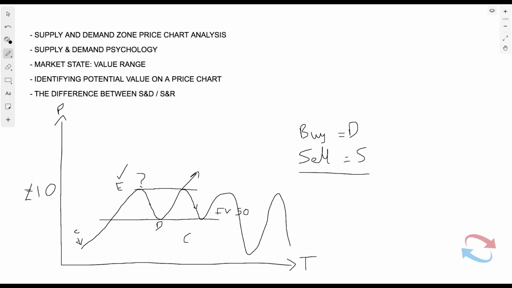So we know this to be the absolute cheapest area, this to be an expensive area, and when prices can't make higher highs or break out above a certain level, right, and we're trapped between, you know, a high and a low, then this is what we would call a value range, right?